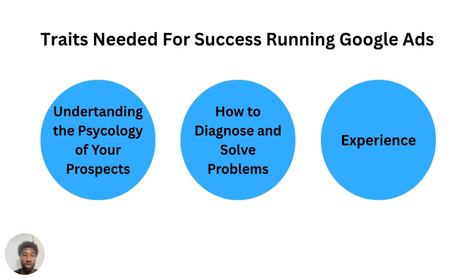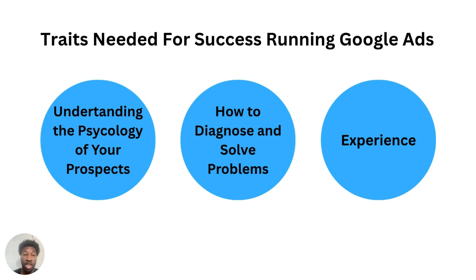Here are the quick traits you're going to need for success running Google Ads. You need to understand the psychology of your prospects. This is important because you need to know how to influence them to take action. And that's going to be easy for you because you've been speaking with them every single day. So you understand what motivates them, what questions they have, and what's most important to them.